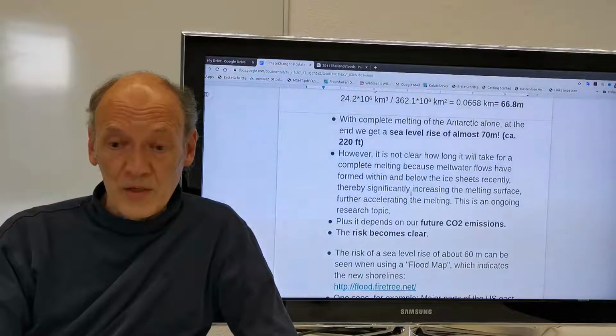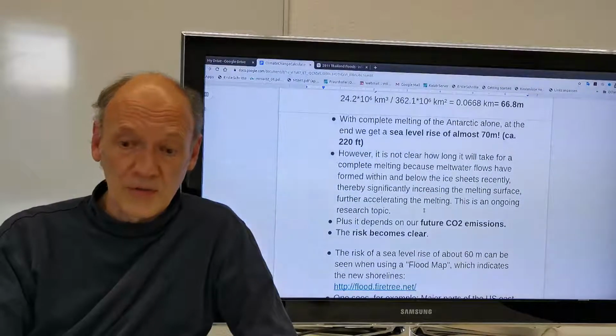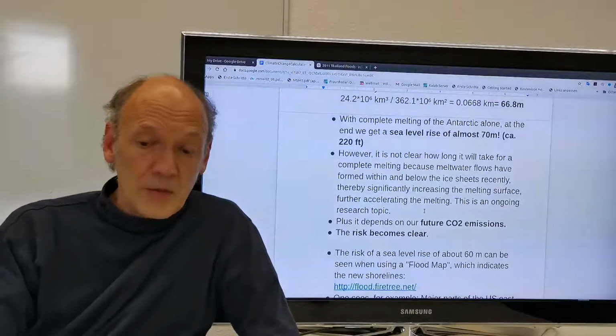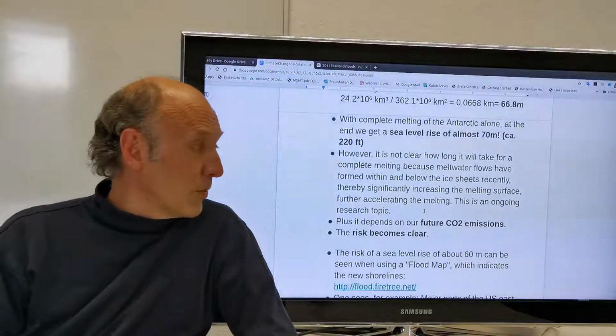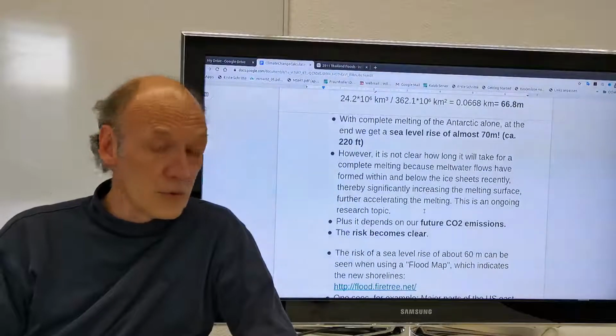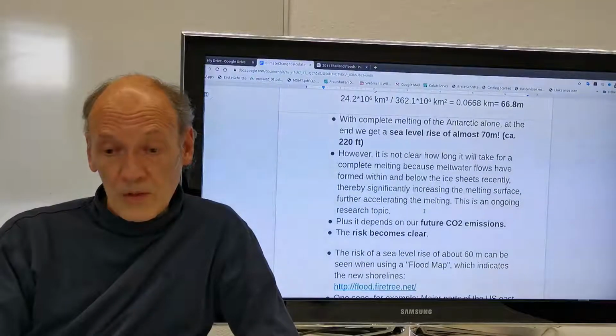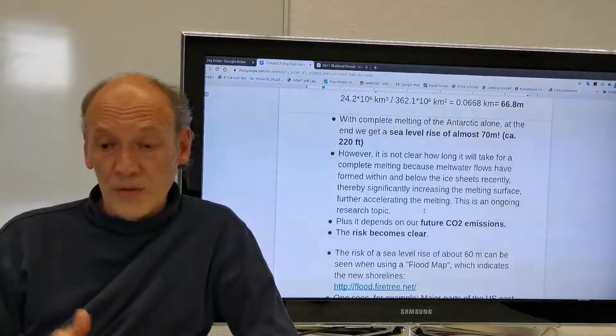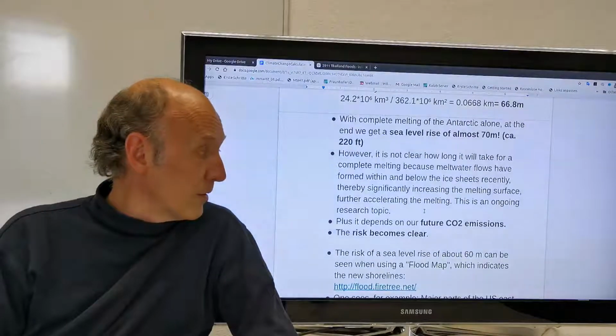So we might have a significant increase of the melting surface, which accelerates the melting. We can make a pretty safe guess that the increase will be faster than the 1 centimeter that we computed. So it might be a matter of a few hundred years until Antarctica is melted.